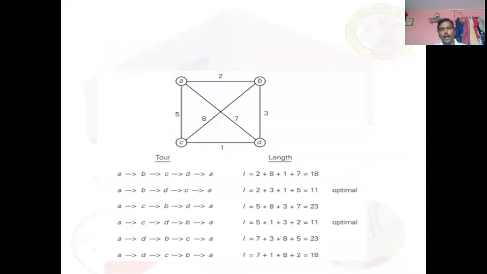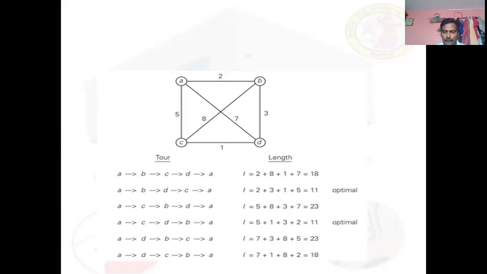Here there are four vertices, A, B, C, D. I haven't colored any of the vertices yet. But the graph coloring problem asks what the minimum number of colors should be so that you can color A, B, C, D. For example, A is adjacent to B because it is connected directly to A. D is also adjacent to A because it is directly connected to A. And C is also adjacent to A.